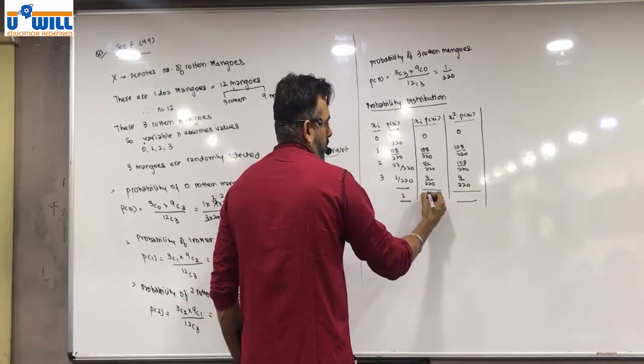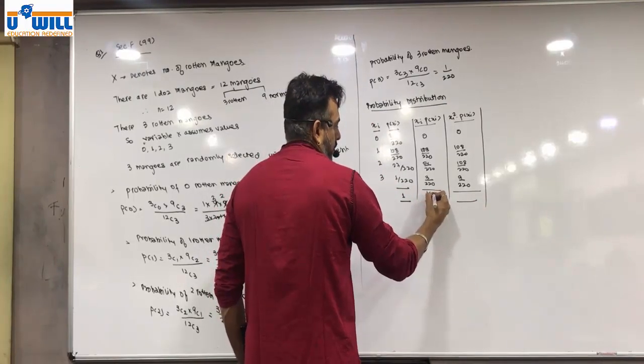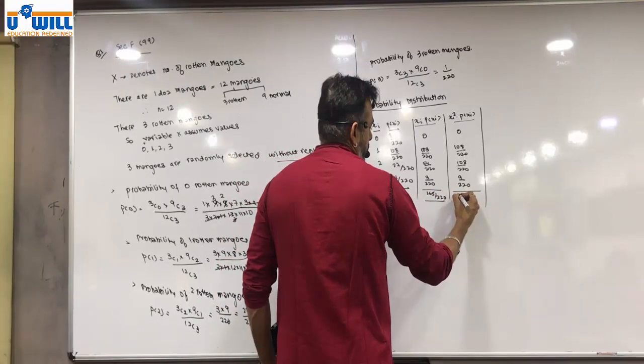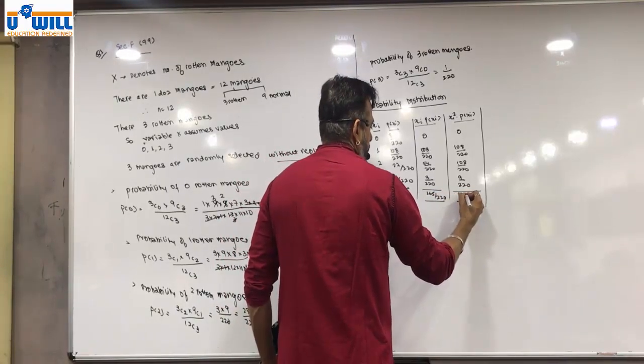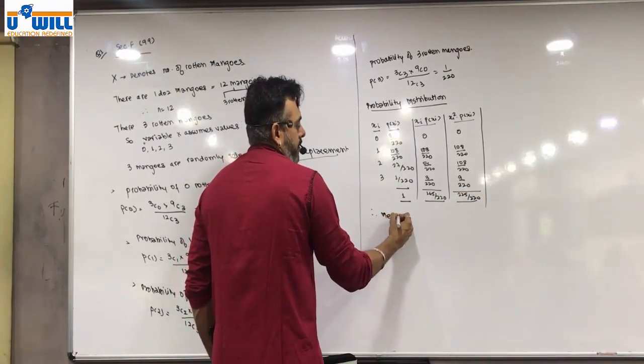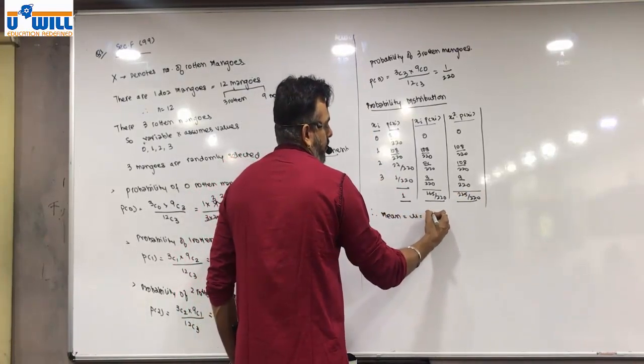Total, how much? 165 by 220. And 216, 225 by 220.